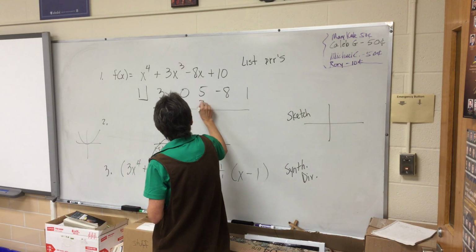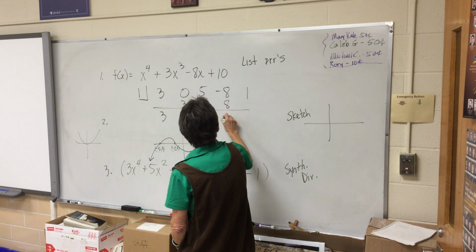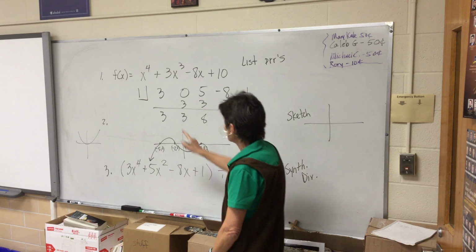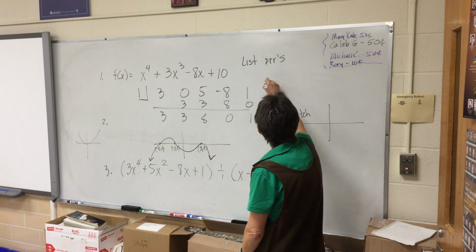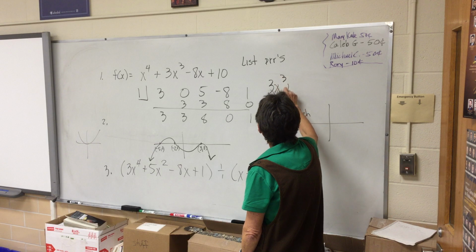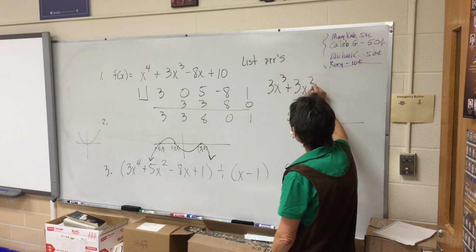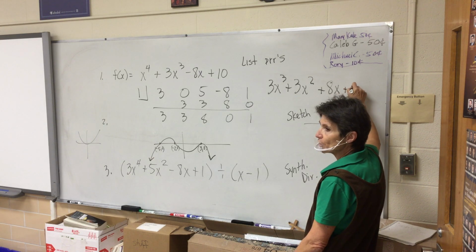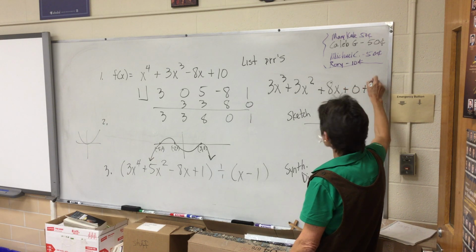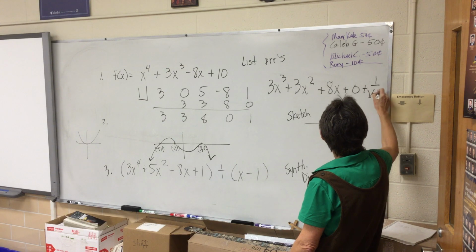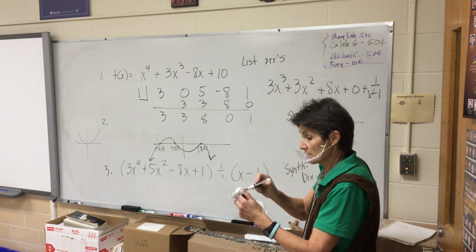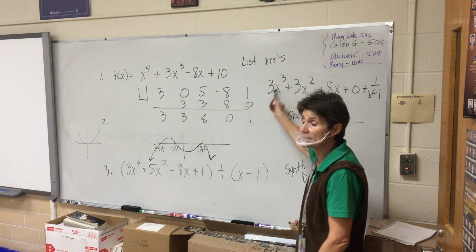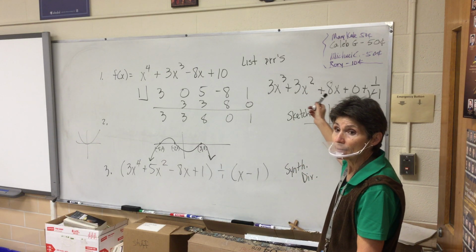So that would be 3x to the 3rd plus 3x squared plus 8x. You can say plus 0 if you want, but you don't need to. And then plus 1 over x minus 1. So this is the answer to the division.